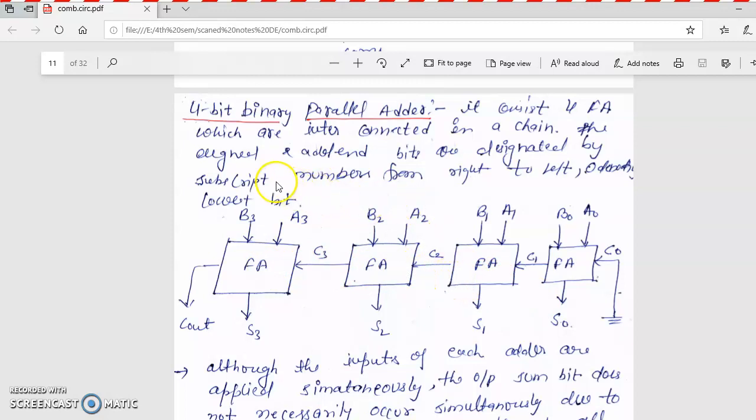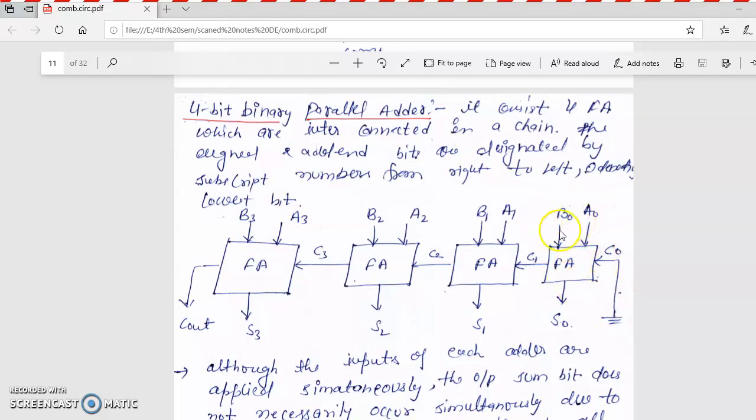Okay, the A and B bits are designated by subscript numbers from right to left, with 0 for the lowest bit. This is A0, the first bit of the A number, and this is the first bit of the B number, that is B0. After addition, this is the carry from the previous stage, if any is present.